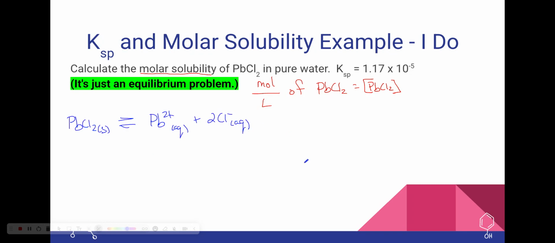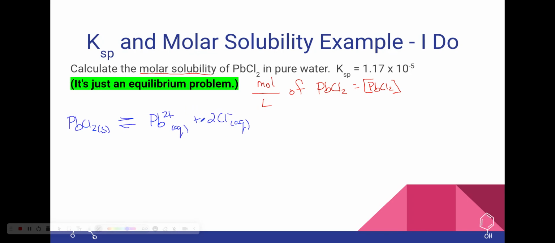You'll notice, guys, that when I wrote my dissolution equation, I made sure to have the proper stoichiometry. That is to say, for every 1 formula unit of lead 2 chloride, we're going to form in solution 1 lead 2 plus ion and 2 chloride ions. So don't forget to do that.